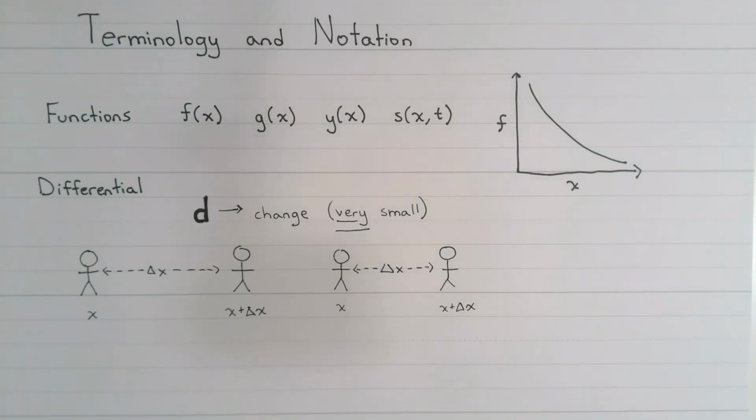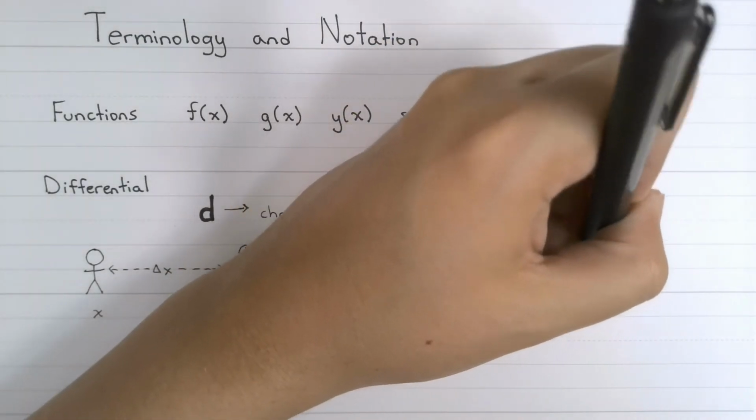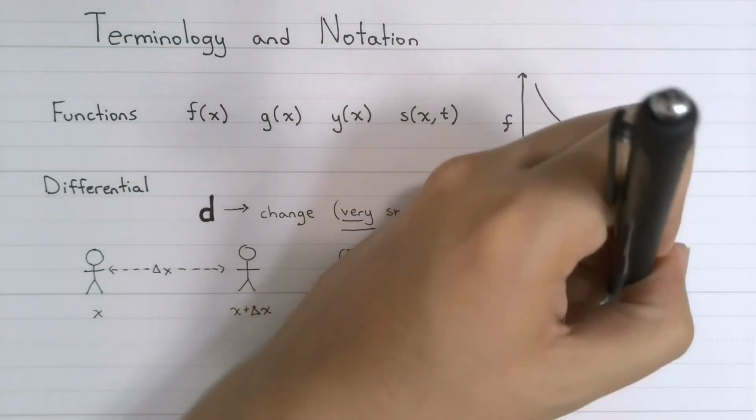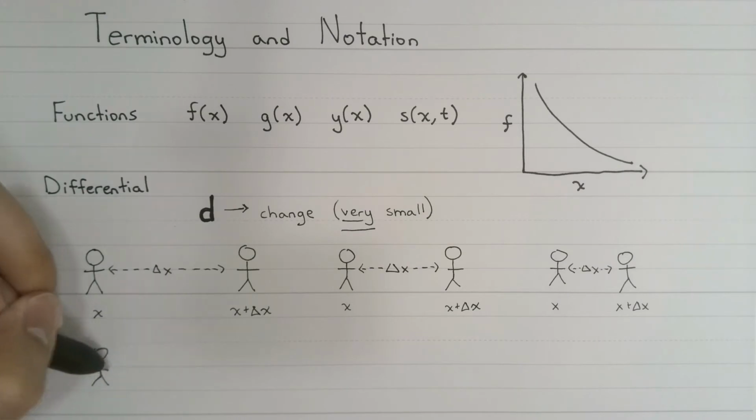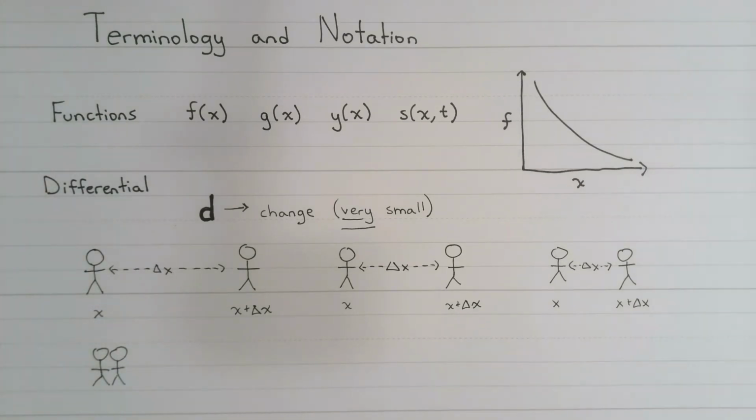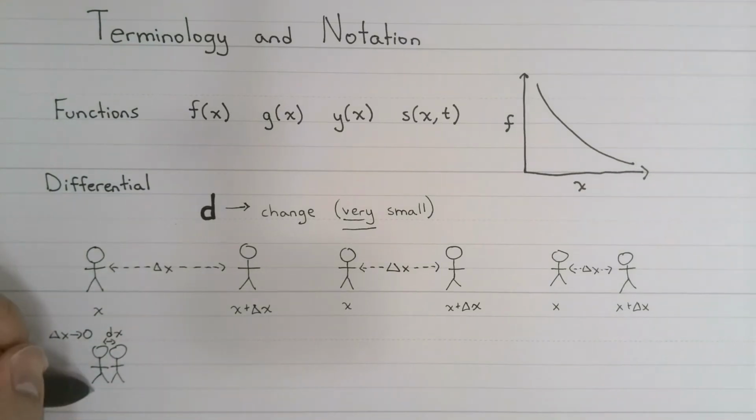Maybe smaller than that. In fact, let's make delta x so small, so infinitesimally small, that we can't really quantify that change numerically. When we get to a change that's infinitesimally small, we call it a differential. In this case, that change will be expressed as dx.